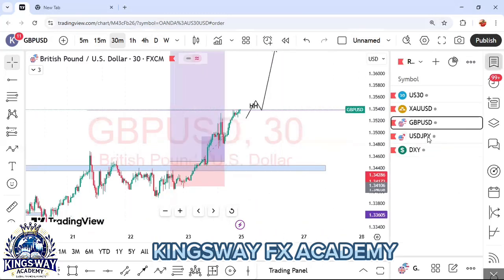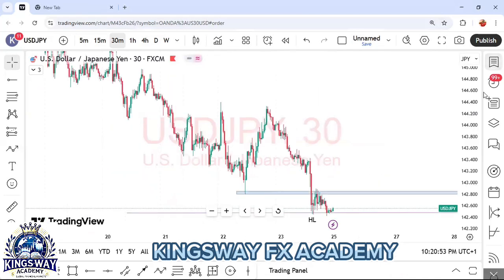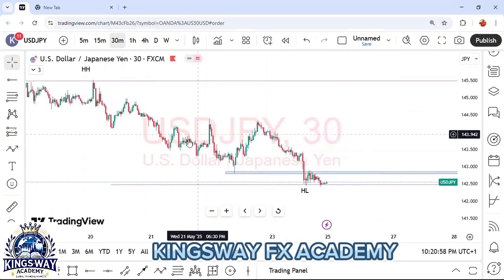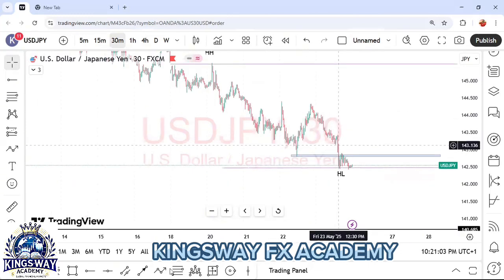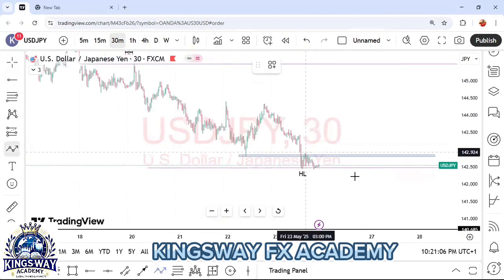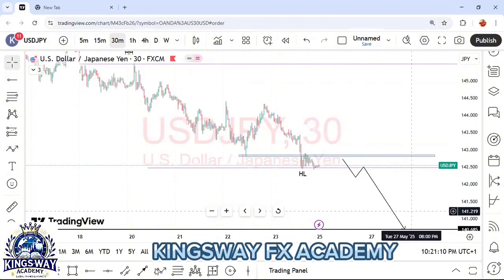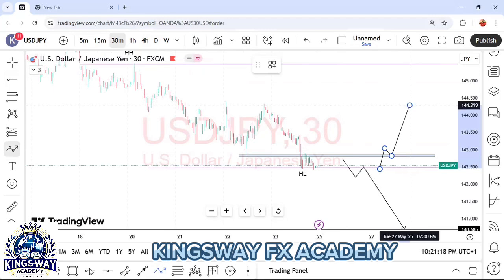So lastly, I'll talk about the US30 and USDJPY. USDJPY did some quite good movements for those who traded it, but I didn't take any trade on USDJPY. But in the coming week, I will be expecting a break of this level, a retest of it, then a push to the downside, or a break above this zone, a retest of it, then my first target will be this level.